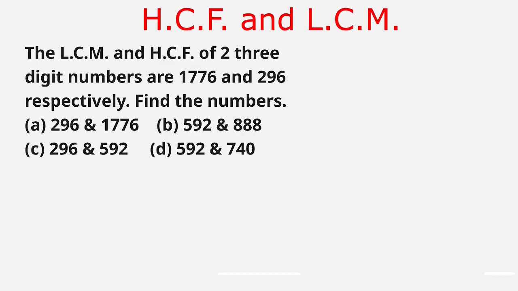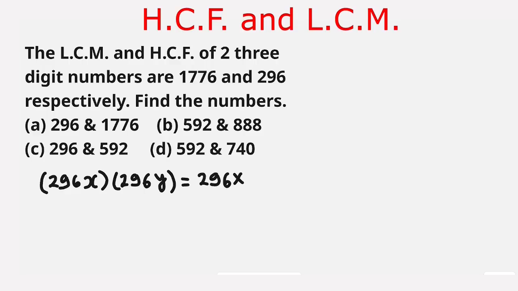As the HCF is 296, we can assume the two numbers as 296x and 296y, and their product, that is 296x into 296y, is equal to 296 multiplied by 1776. 296 is cancelled on both sides, and the other 296 cancels 1776 for 6 times.